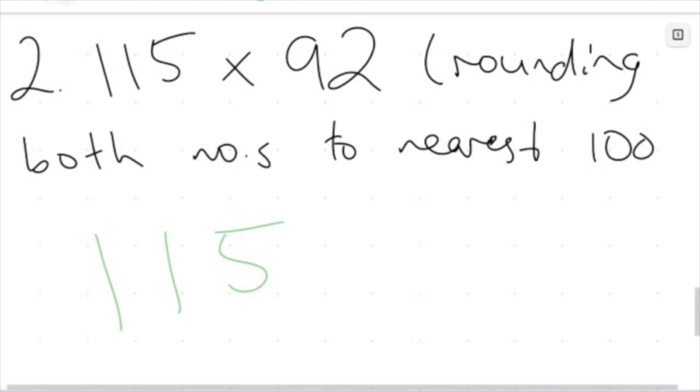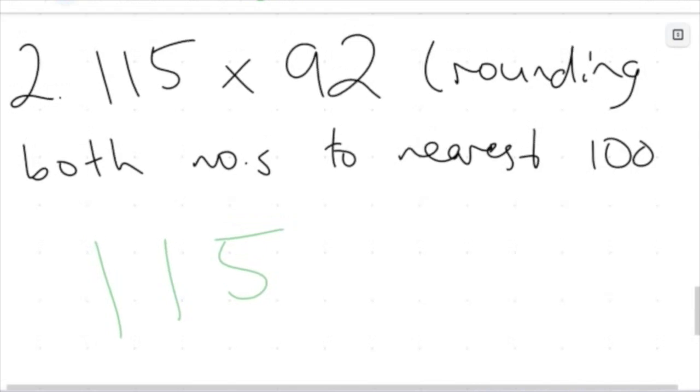Now, let's think of this 92 for a second, because we're talking about the hundreds, right? So we're looking at a number in the hundreds column. Now, 92, it has a number in the tens column and a number in the ones column. What number do you think is going to be in my hundreds column? Well, there's no number in my hundreds column.